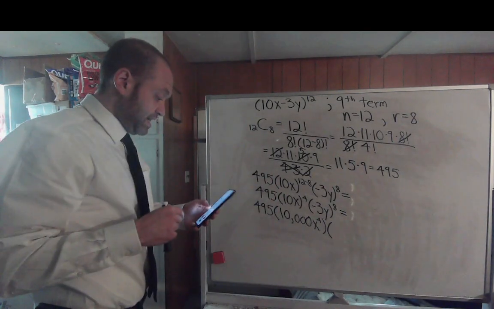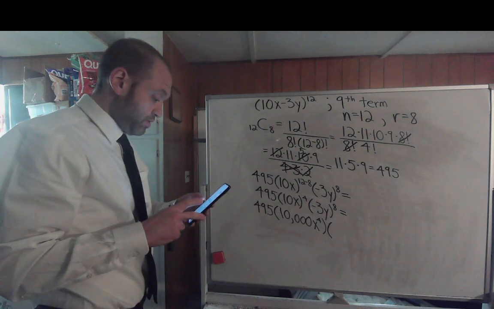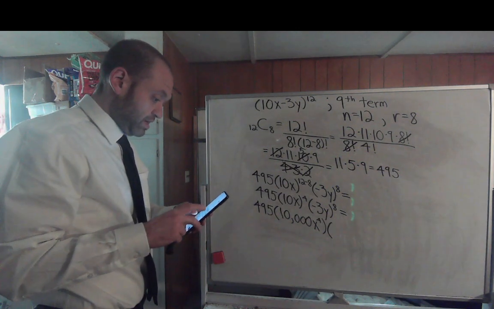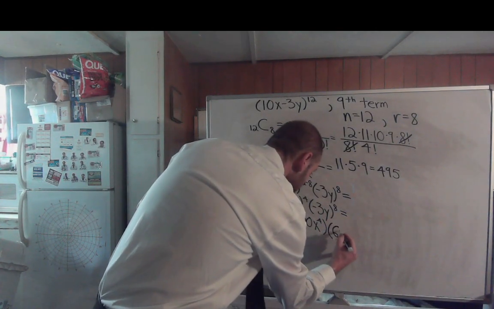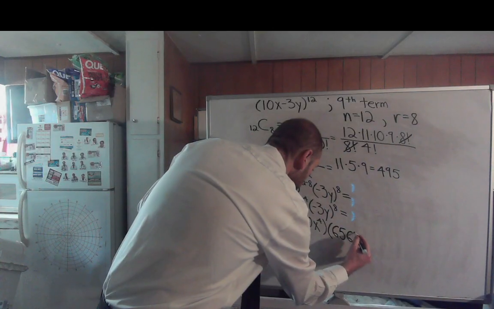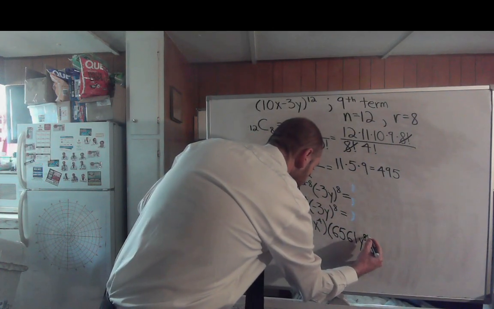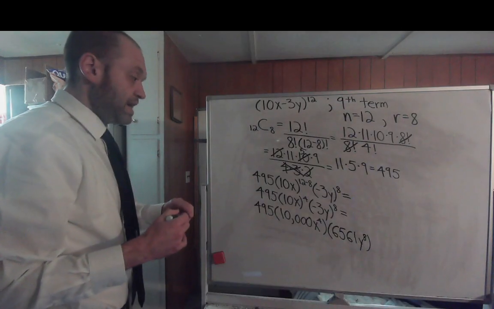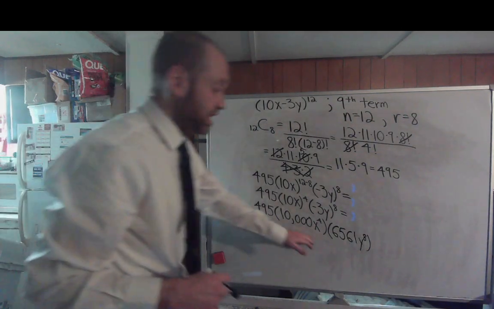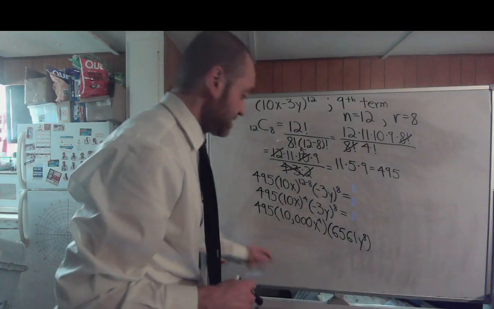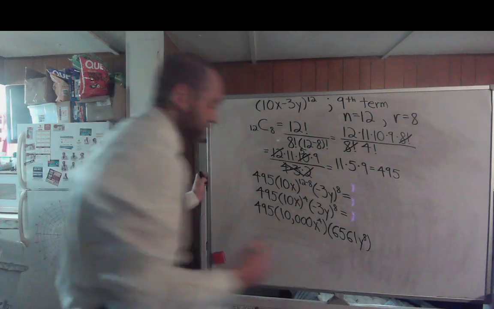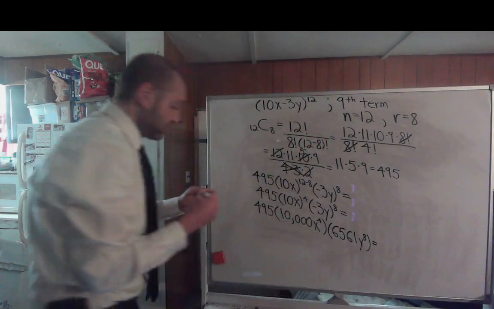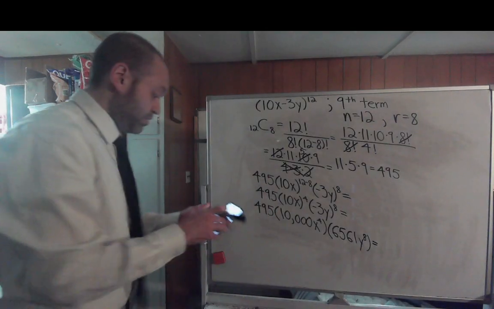Well, we got to take negative 3 to the 8th power. That's not going to be fun. That would give you 6,561 times y to the 8th. And now we just need to multiply the numbers, the coefficients, times this coefficient, times your variables. You'll have the whole term. So let's go ahead and find this bad boy.